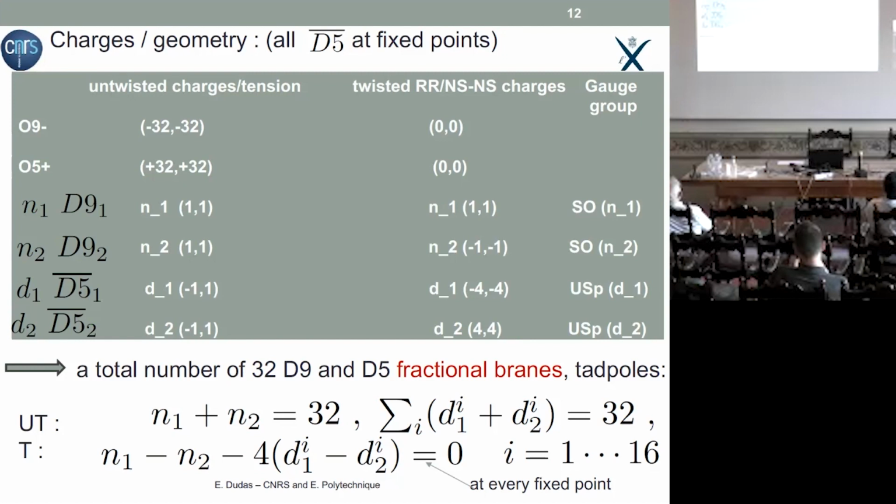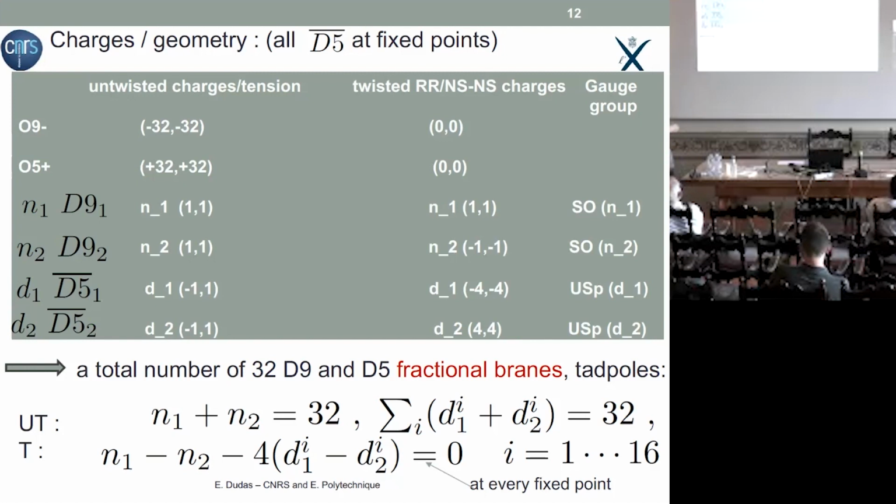For example, you see here the twisted charges of 9 branes. The ones of 5 branes are a factor of 4 bigger, and there are 2 kinds of 9 branes with positive and negative twisted charge. There are 2 kinds of anti-5 branes, positive and negative twisted charge, and the total number of branes has to be 32 in my convention, 16 in the standard convention.